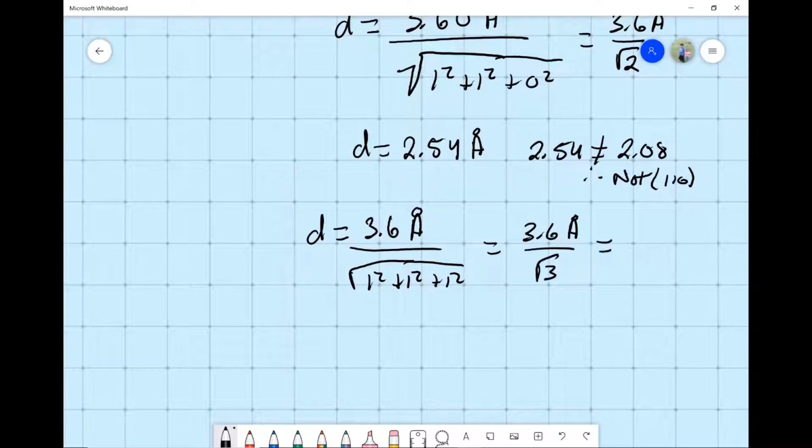And that equals, should be 2.08, or it's going to be a long night. 2.078 rounded up, 2.08 angstroms. So to answer our question, 111 caused it. If I had been a gambling person, I would have just picked 111, but it's good to go through the exercise. Hopefully this is informative.